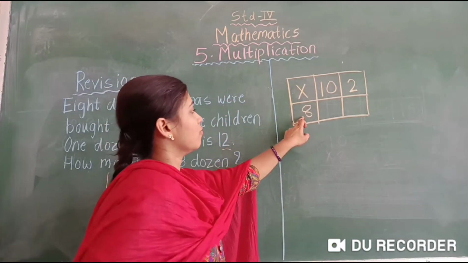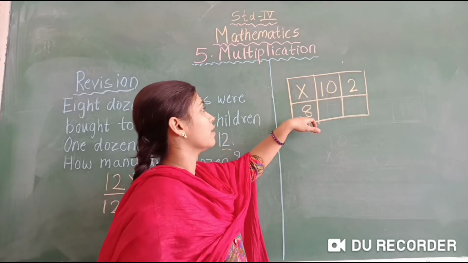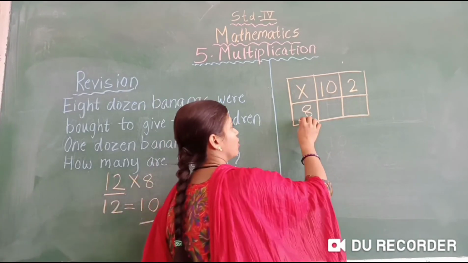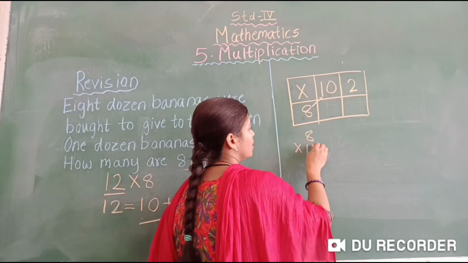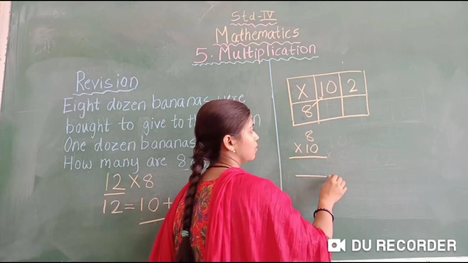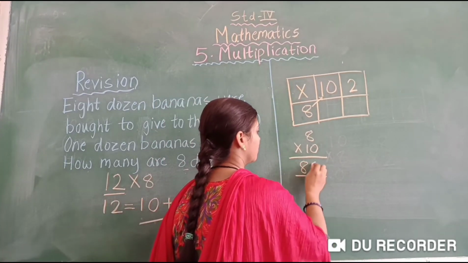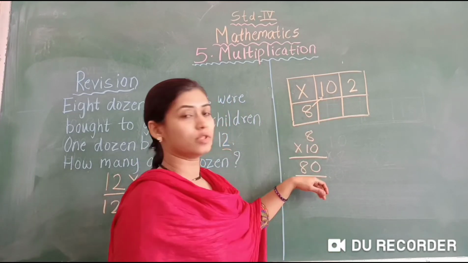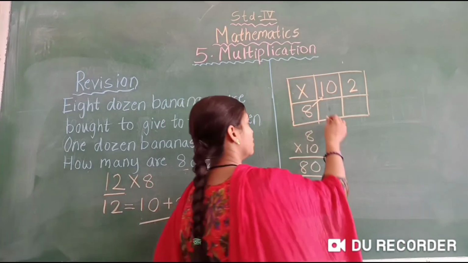Then, first 8 will get multiplied by 10. And then second 8 multiplied by 2. What is 8 multiplied by 10? Yes, 10 8s are 80. Therefore, 8 multiplied by 10, the answer we have got is 80, we will write in this box.